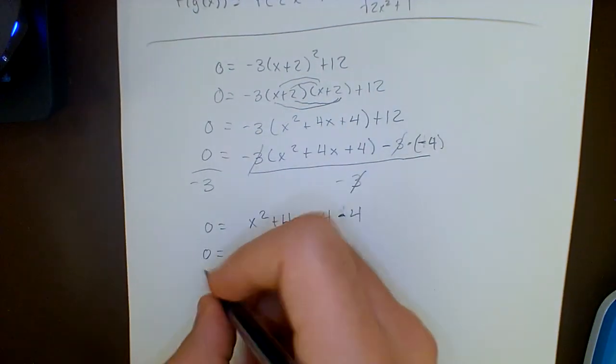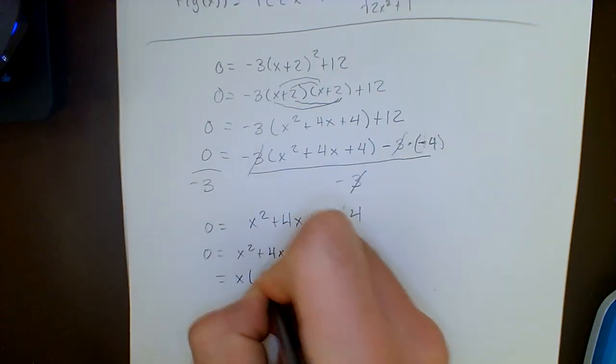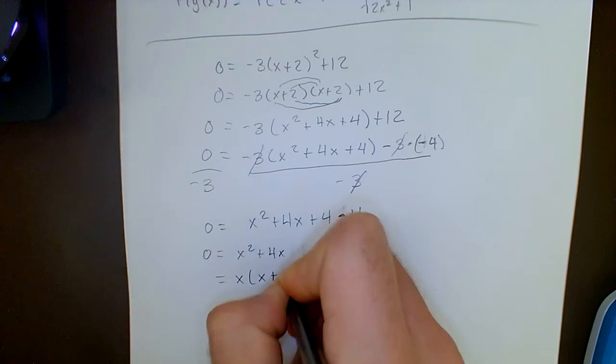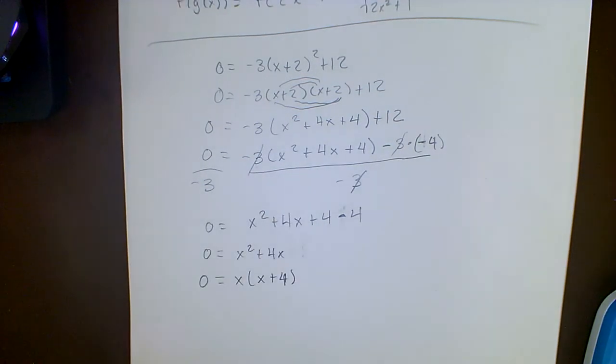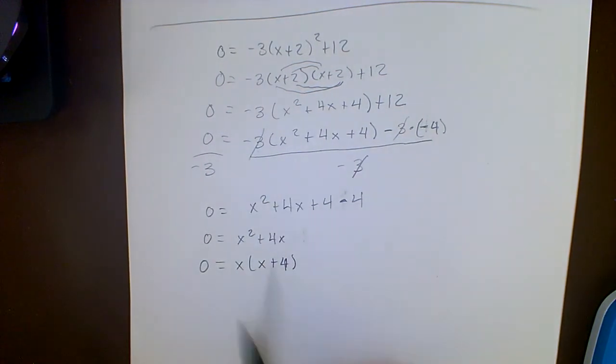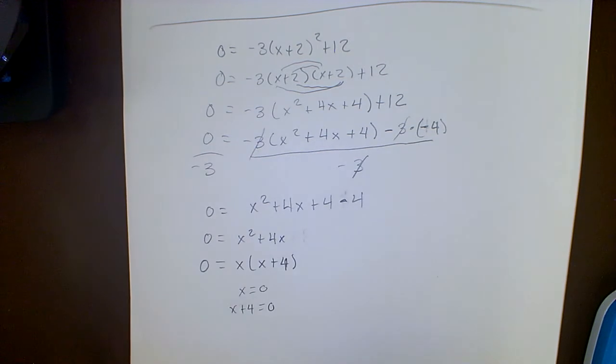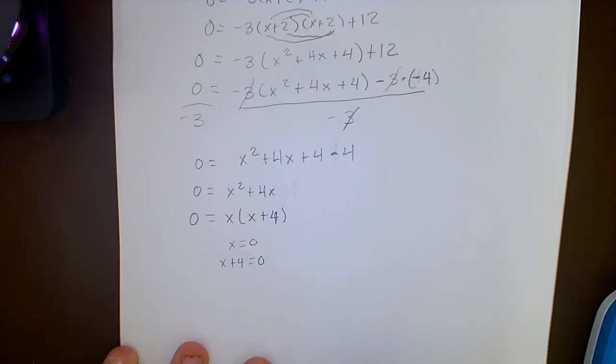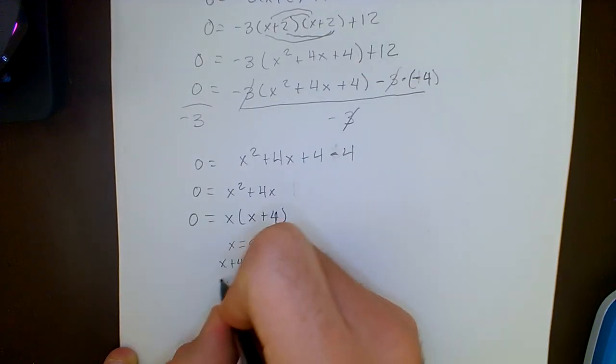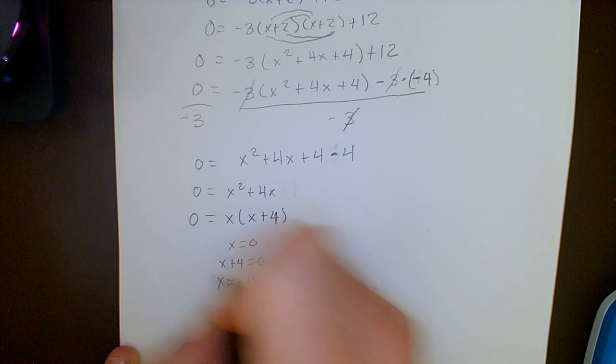Okay, so this one is actually easier to solve because I can just factor out an x. And now we have x times x plus 4 equals 0. So either x equals 0 or x plus 4 equals 0, which says x equals negative 4.